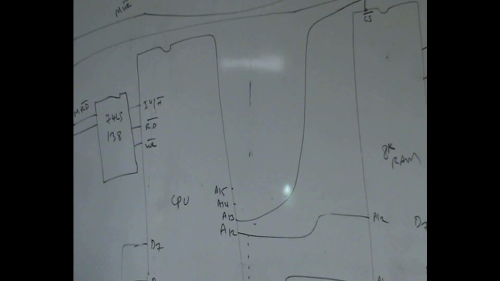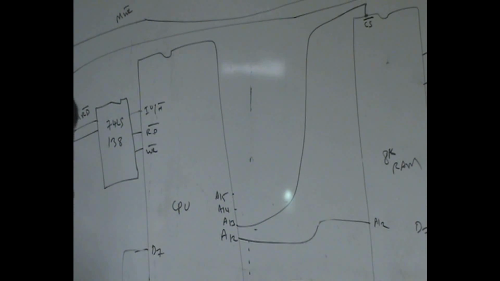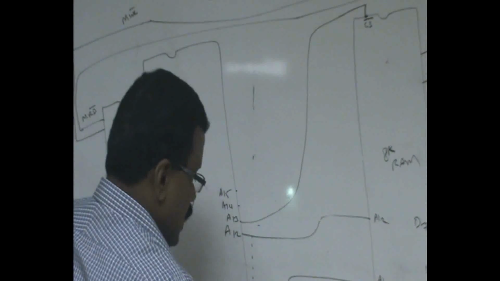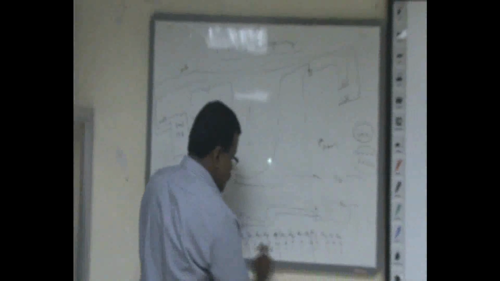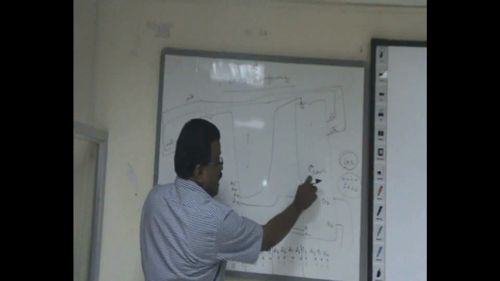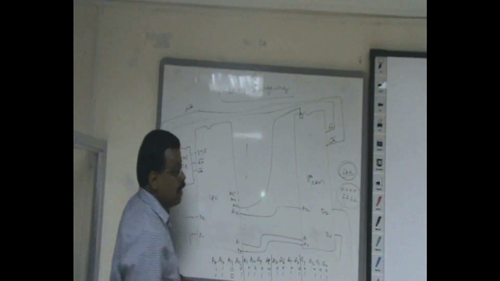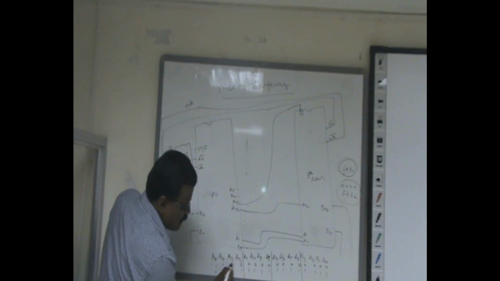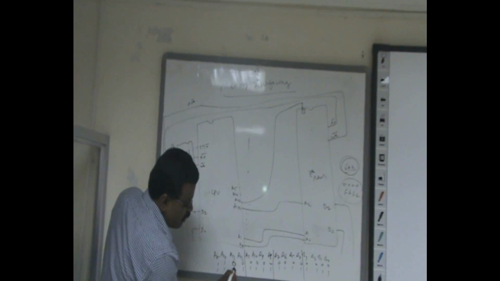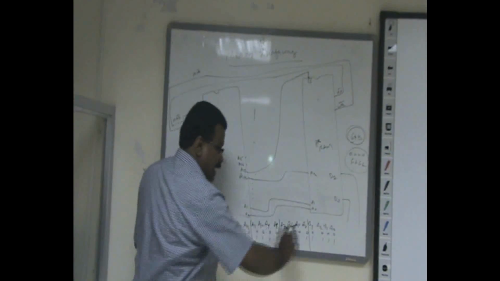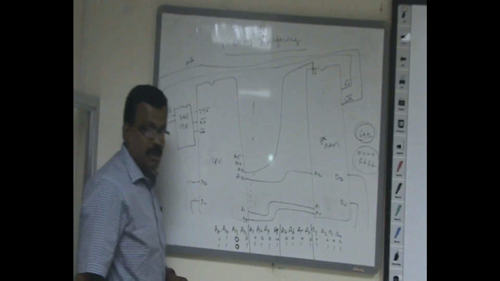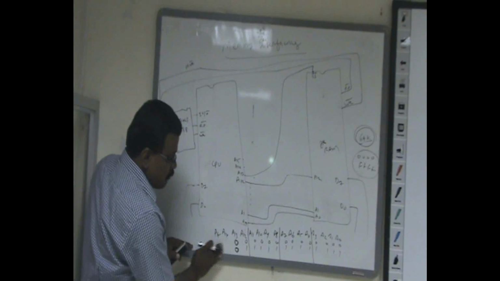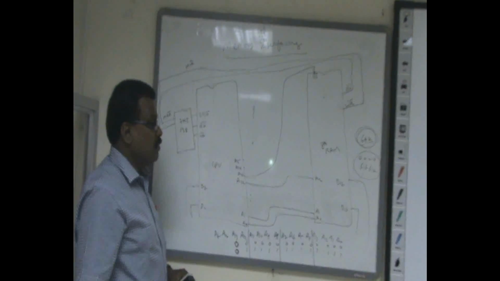While specifying the address, A0 to A12 can vary between 13 zeros and 13 ones. For enabling this IC, the chip select signal should always be low. So the condition is that A13 must always be low, irrespective of any combination between 13 zeros and 13 ones. But A14 and A15 are kept open.